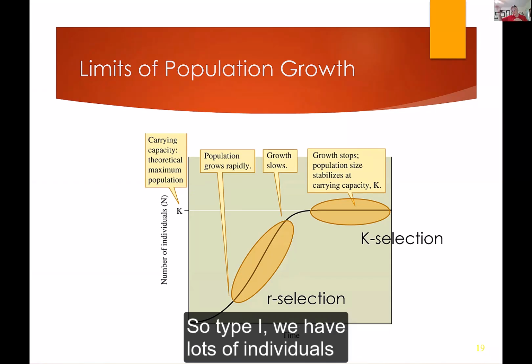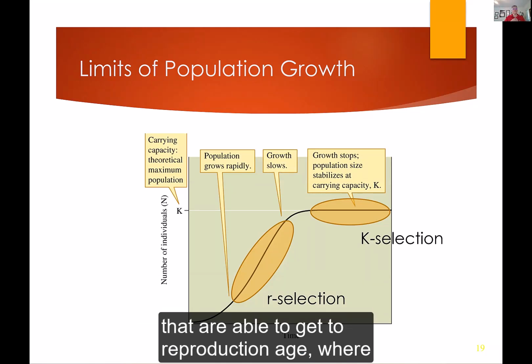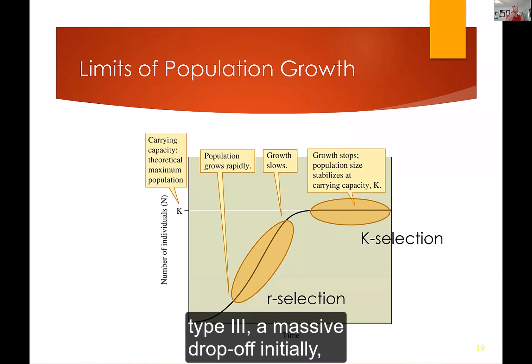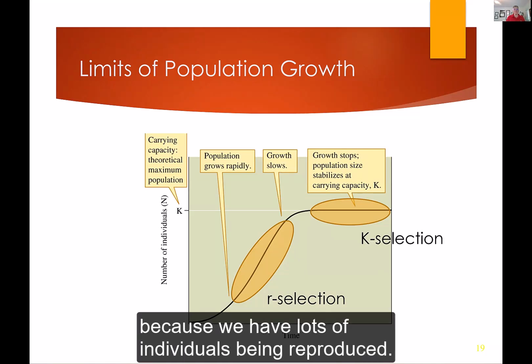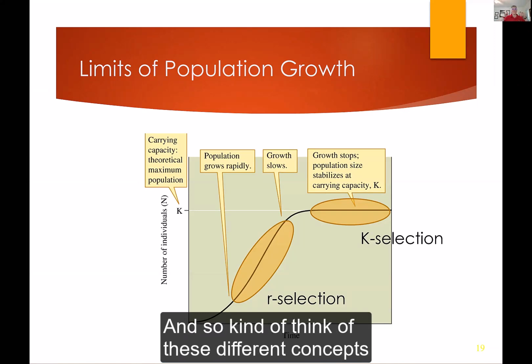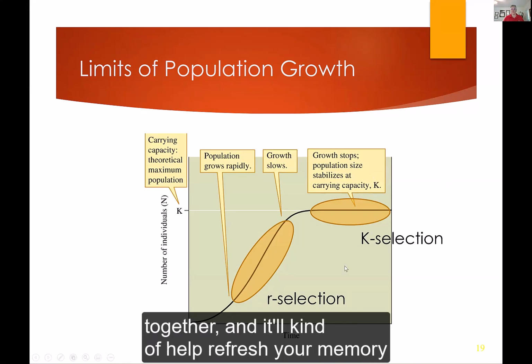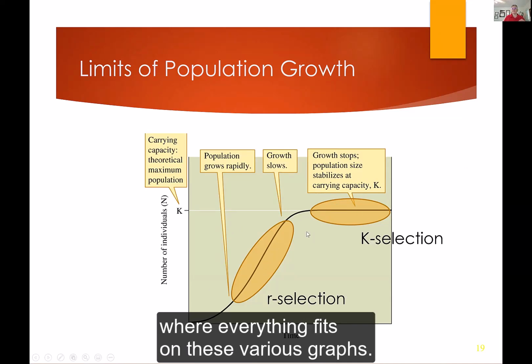So type 1, we have lots of individuals that are able to get to reproduction age, where type 3, a massive drop off initially because we have lots of individuals being reproduced. Think of these different concepts together. It'll help refresh your memory where everything fits on these various graphs.